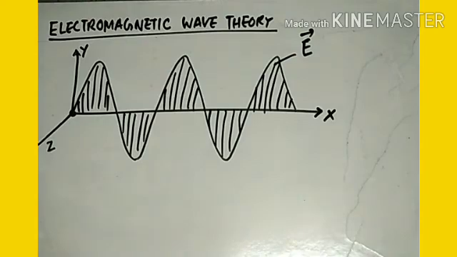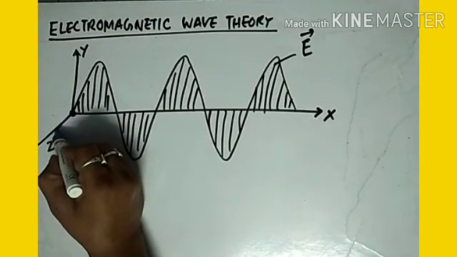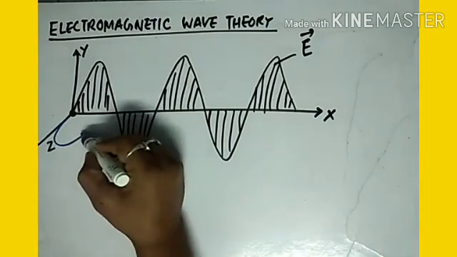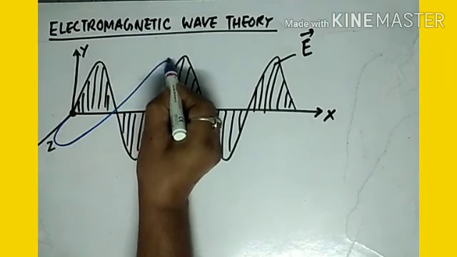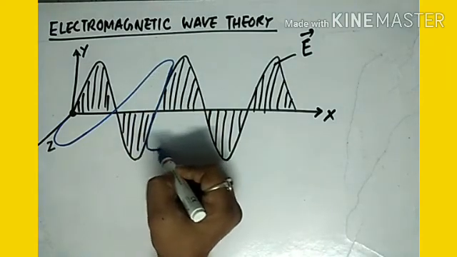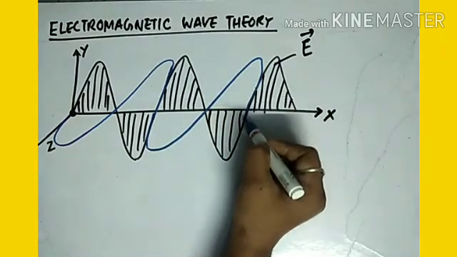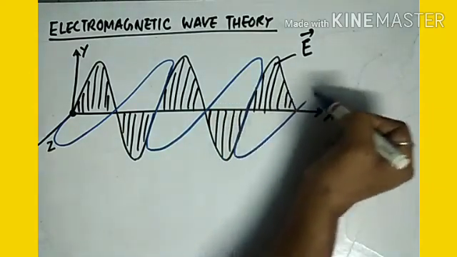Meanwhile, whenever the electrical field is created, there is one more field also there, and this is the magnetic field, right, like this.